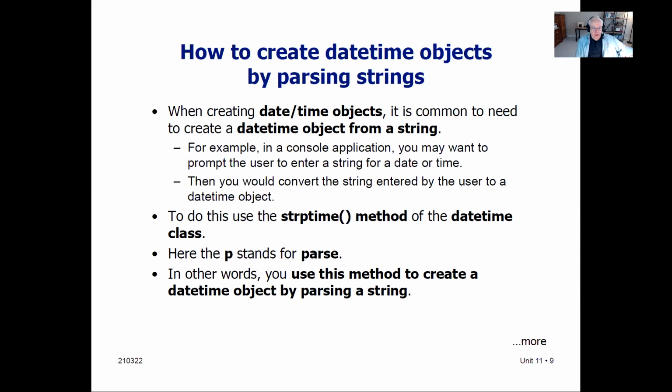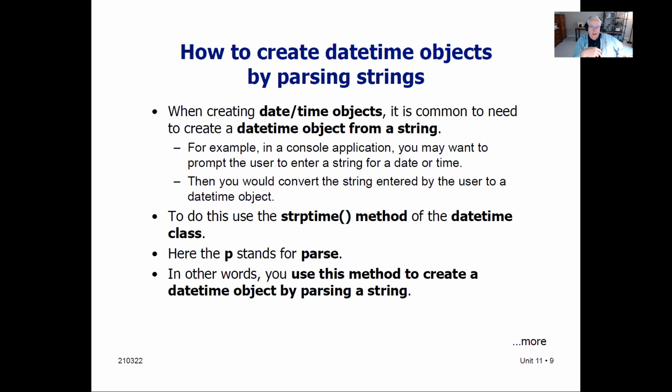Now, another way to do this is to read a string and convert it to a datetime or date object. And the best example of that is the one that's in the book, where you have a prompt in your program and you ask your user to enter a date for something, enter their birth date, I think is the first example.